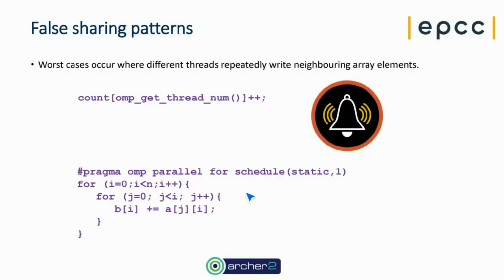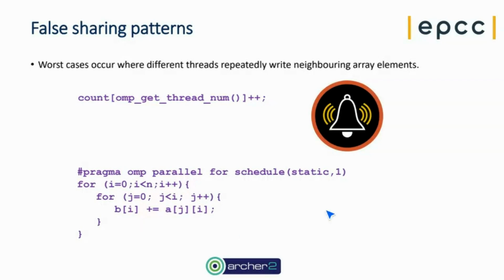You can also get problems with loops if we use a small chunk size, for example. If we say static 1 on this loop, threads execute interleaved values of i, and then i is used to index an array, that's a problem.